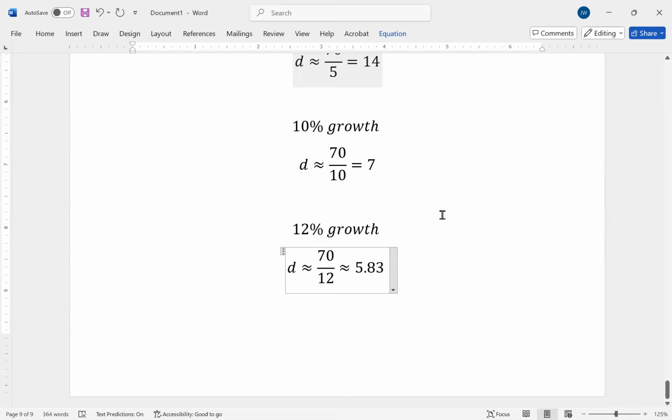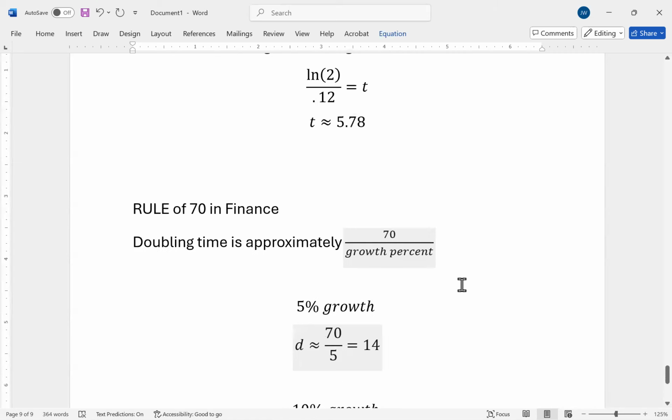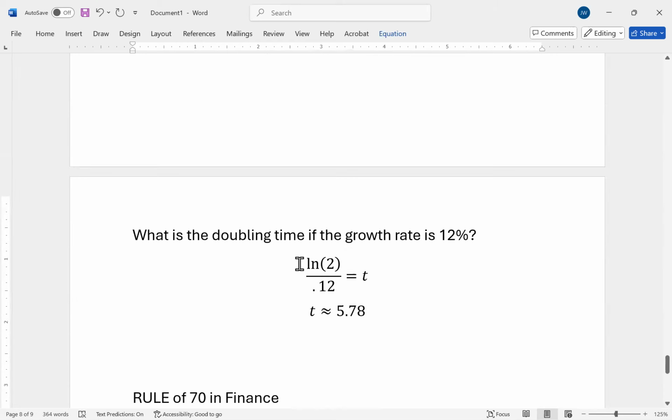So again, pretty close to what we came up with. Now, again, the rule of 70 is basically a shorthand for what's going on up here. Notice that in each of these cases, I'm taking the natural log of 2 and dividing it by my percentage as a decimal.